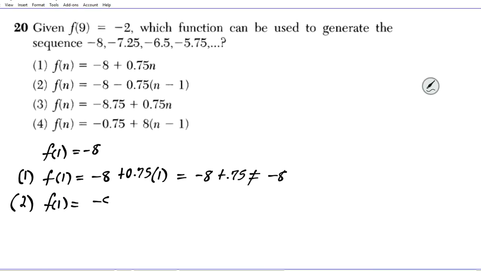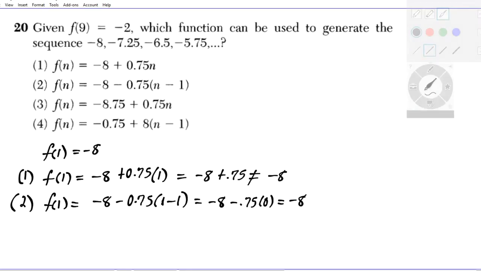We have negative 8 minus 0.75 times 1 minus 1, which is equal to negative 8 times negative 0.75. 1 minus 1 is 0, which is negative 8. Oh, this works.